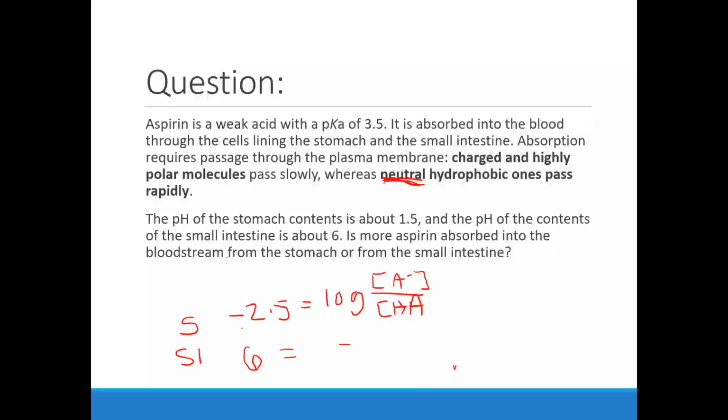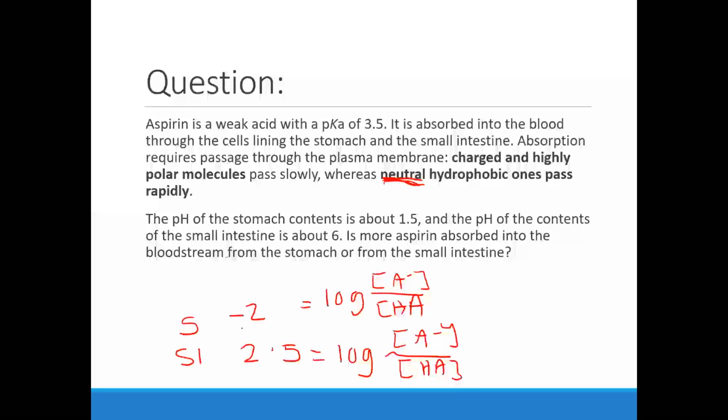Similarly here, I'm going to do 6 minus 3.5, and that gives us 2.5 equals log of the concentration of A minus over the concentration of HA.